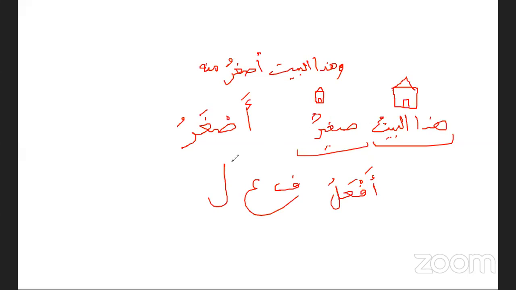But in the Arabic language, the grammarians say that this sad is the fa of the word, meaning it takes that position, because fa, ain, lam is the main pattern. So the fa of this word, saghir, is sad, the ain of this word is ghain, and the lam of this word is ra.